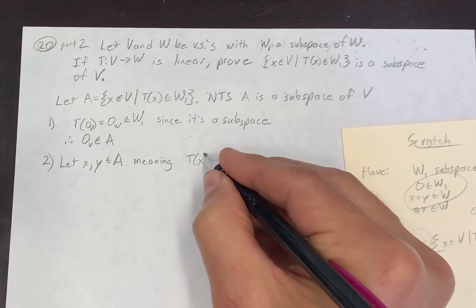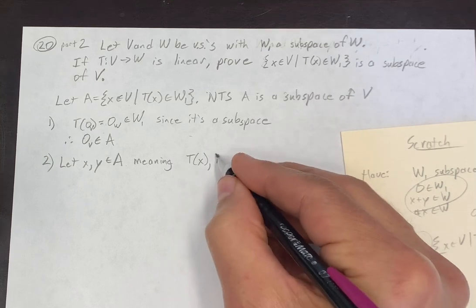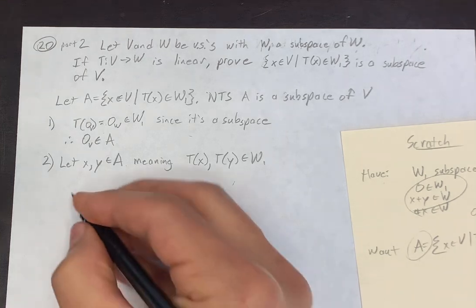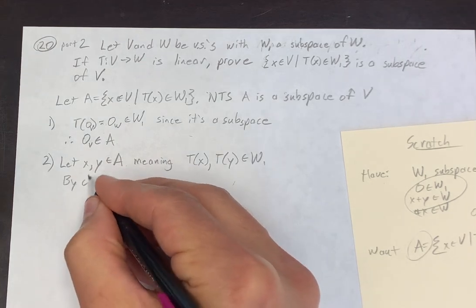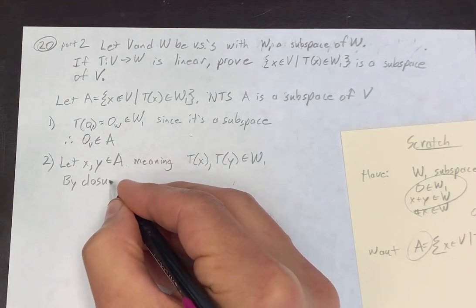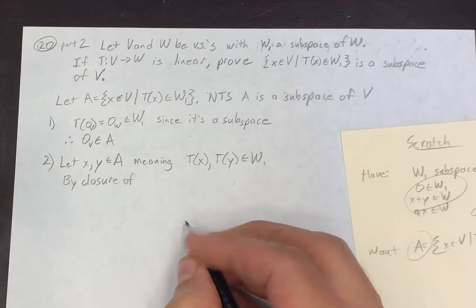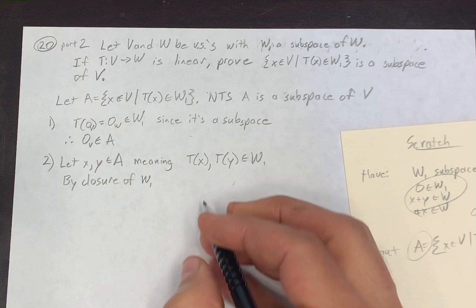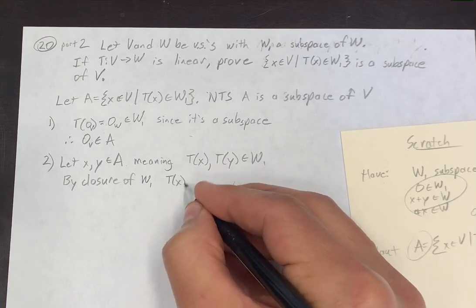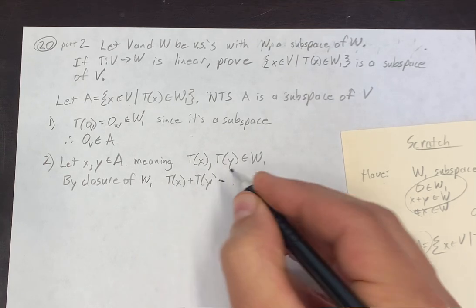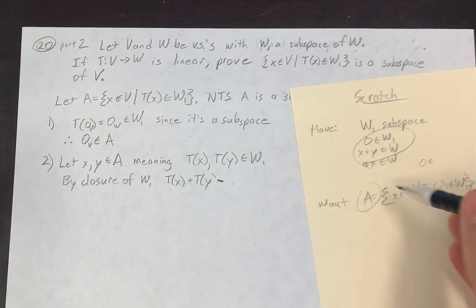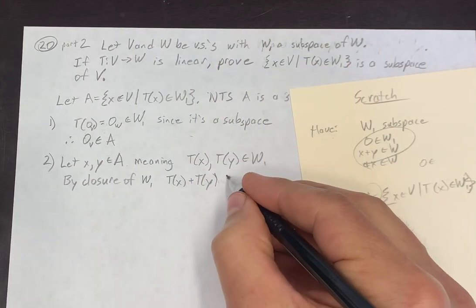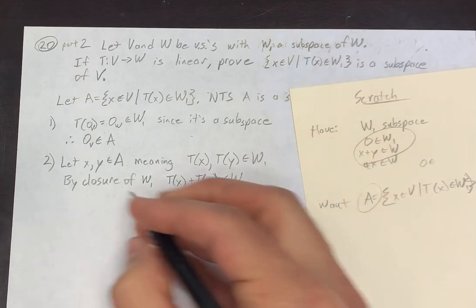T of X and T of Y are elements of W1. By closure of W1, T of X plus T of Y is in W1.